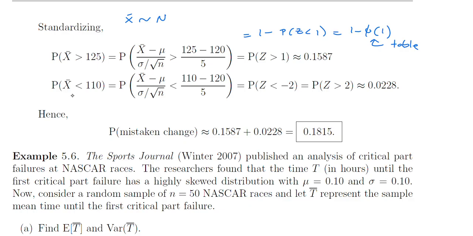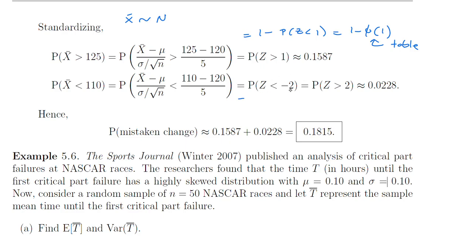The next one is when X bar is less than 110. Again, we can normalize it by subtracting the mean and dividing by the standard error, which is sigma upon square root n, which simplifies to P of Z less than minus 2.